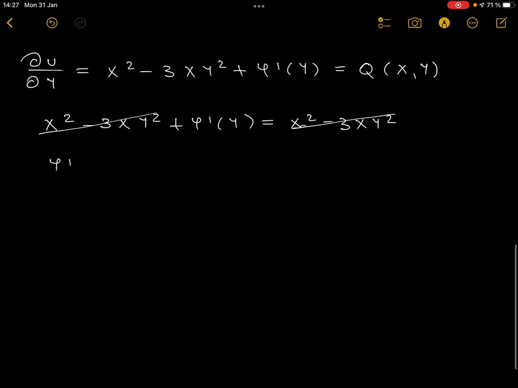So phi prime of y, which is d phi over dy, is equal to 0.